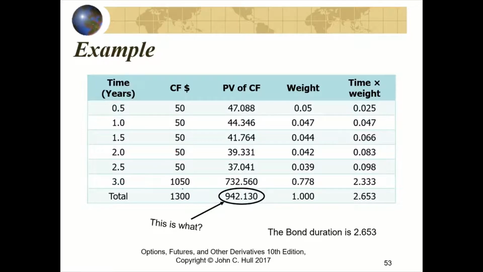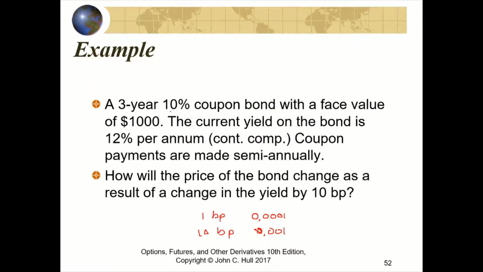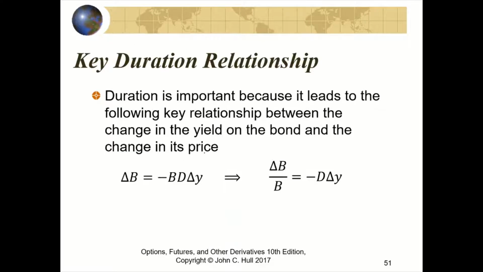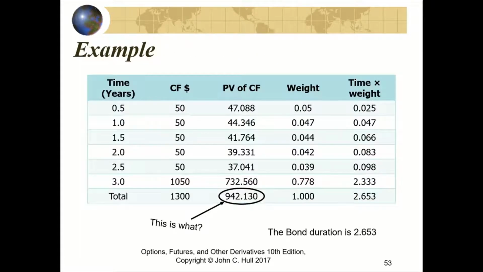And here we have the cash flows. Since the bond pays 10% and the payments are made semi-annually, every 6 months the bond will provide its holder with $50 coupon payments.